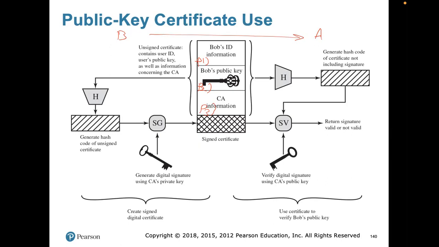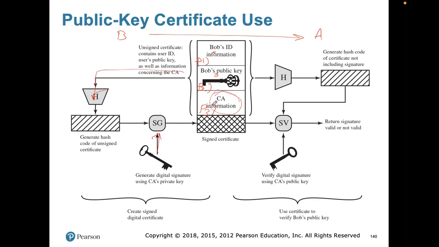And then the third part of the digital certificate is the CA information or signature from the certificate authority. So these two will be provided from Bob to the CA, and the CA adds his own information.